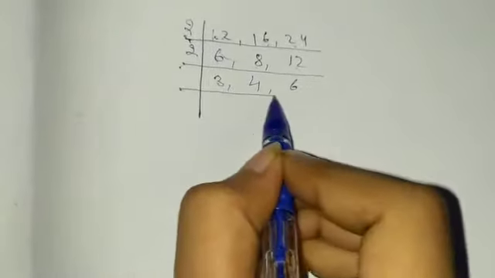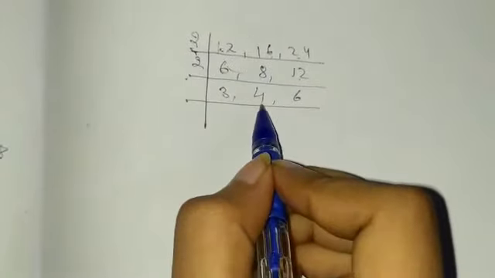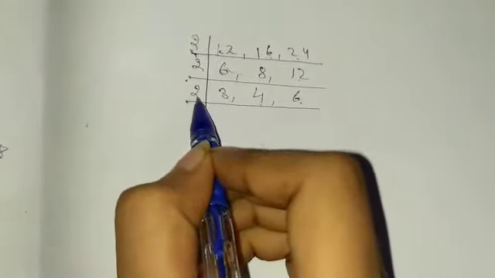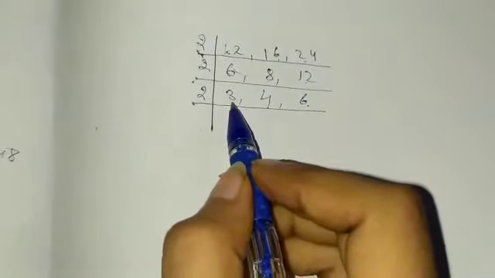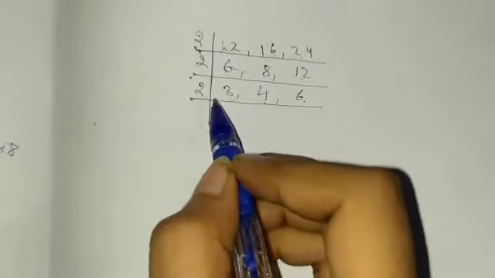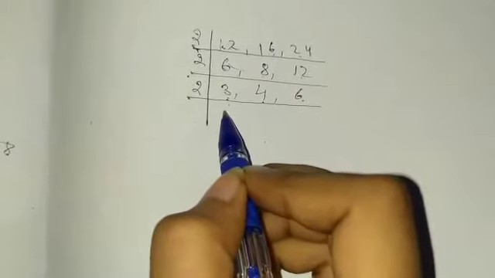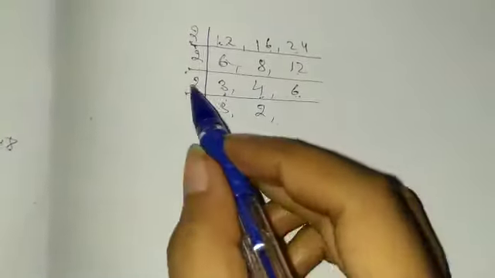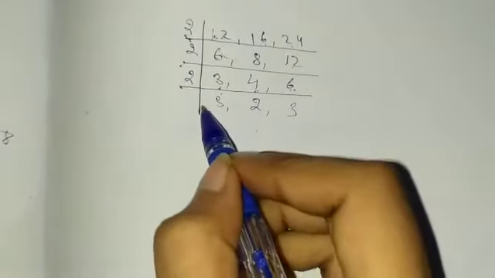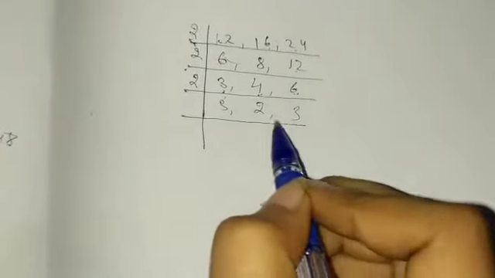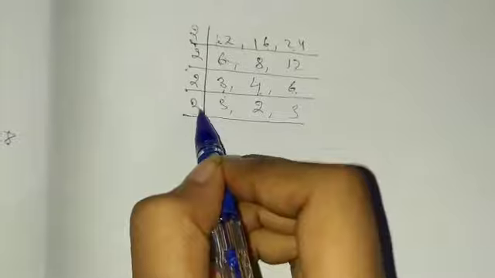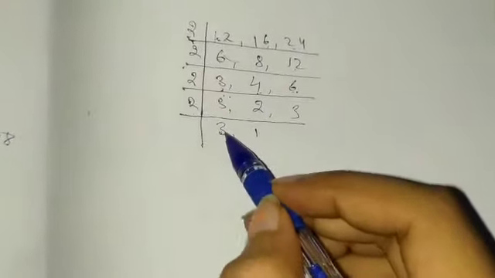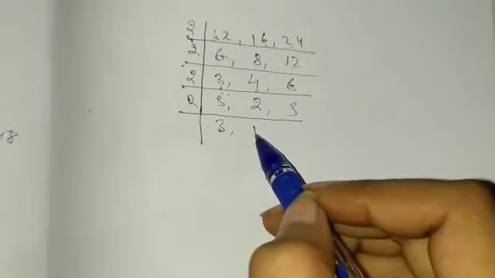Now here we can see that 4 and 6 are divisible by 2. So again we will take 2, where we will write 3 as it is not divisible by 2, and we will divide 4 by 2 two times, 6 by 2 three times. Now again we will write 3 as it is not divisible by 2, and we will divide 2 by 2 one time.